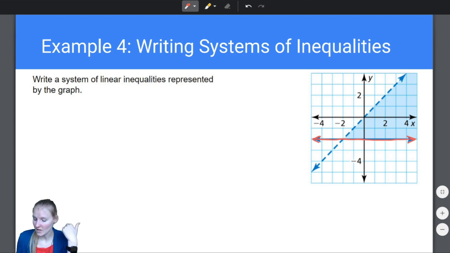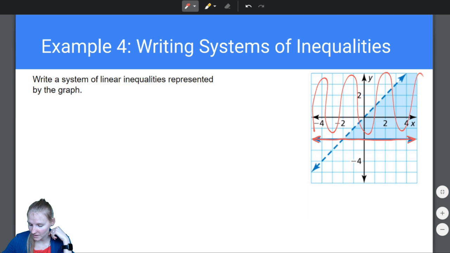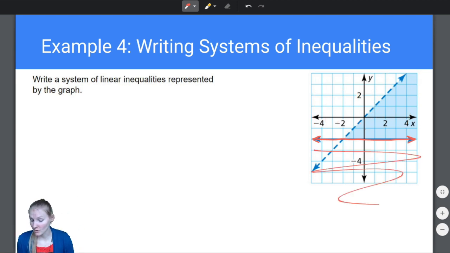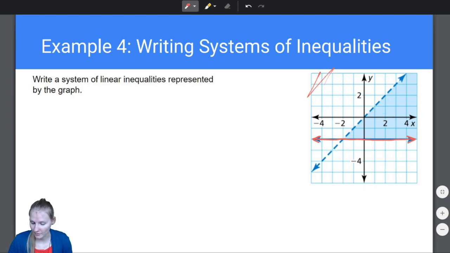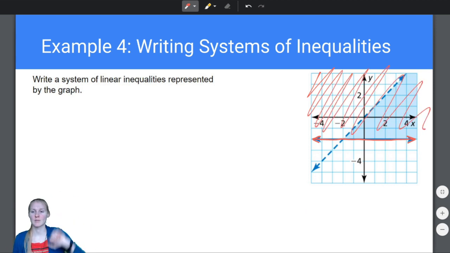Now, if this is the shaded region, that must mean that the solutions to the red inequality were everything above the line. If it were down here, if it were this half plane, then this couldn't be shaded. So the solution to the red half plane must be everything above this red line.